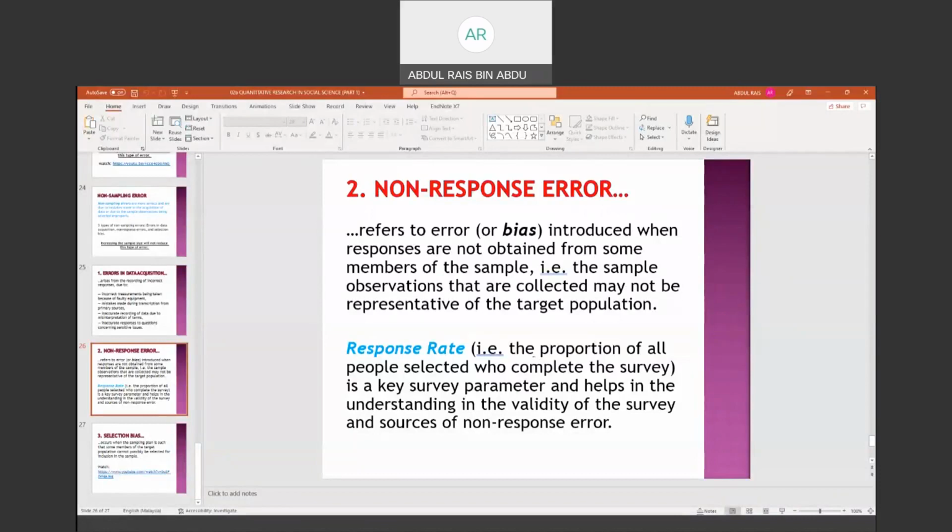Misalnya, okay, sepatutnya kajian you hanya melibatkan sekolah rendah primary school student, tetapi you buat kesilapan dan you include student dari sekolah menengah, student yang baru masuk uni ke dalam study you tentang preference of sweets tu.